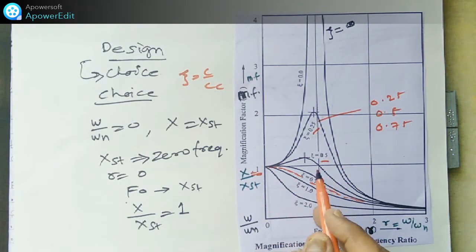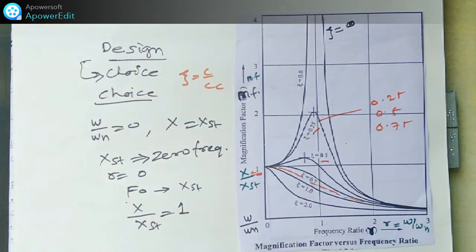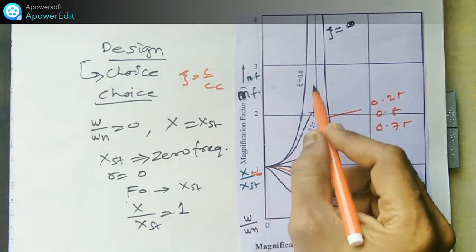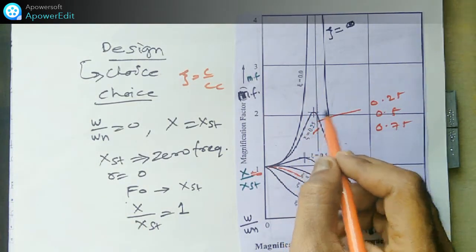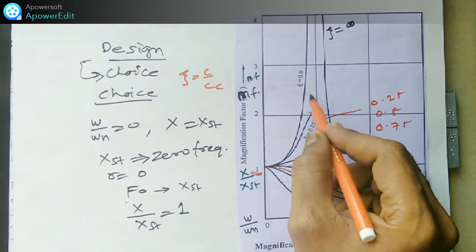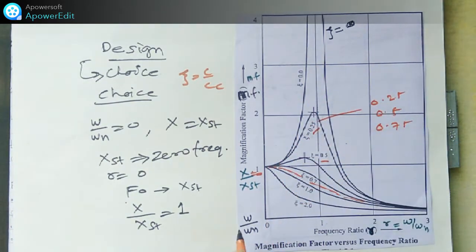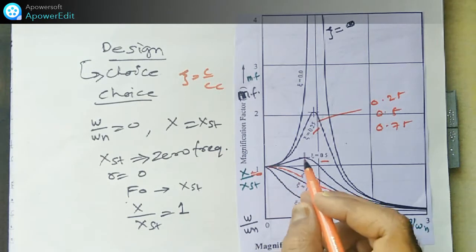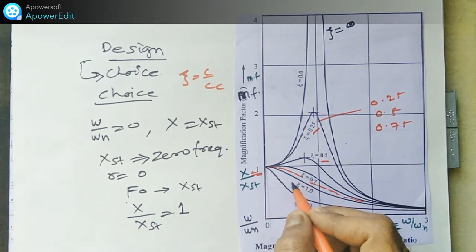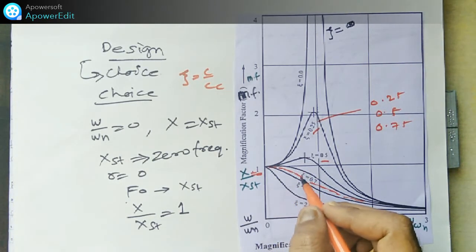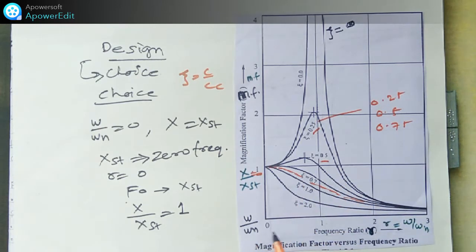Where is the resonance point? Here. When r is equal to 1, resonance will be there. The maximum point will be here, or the maximum point may be here, according to the system. You can observe that when we decrease the damping, we go closer to the peak and move towards the resonance condition when r is equal to 1.